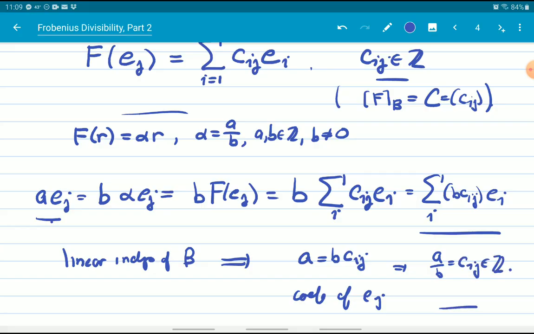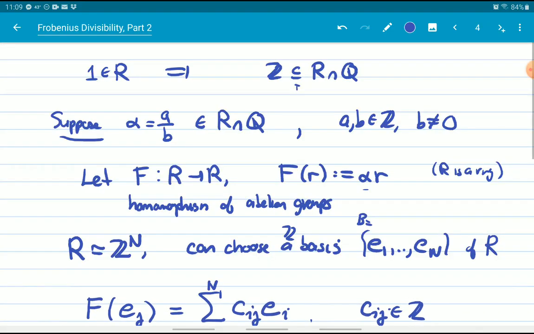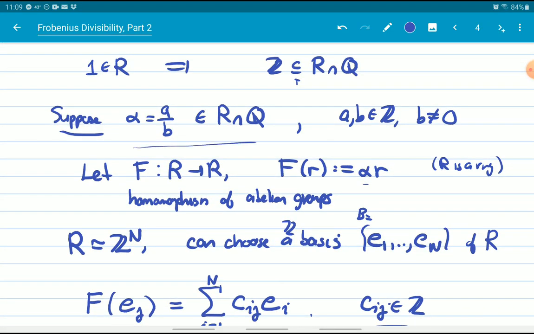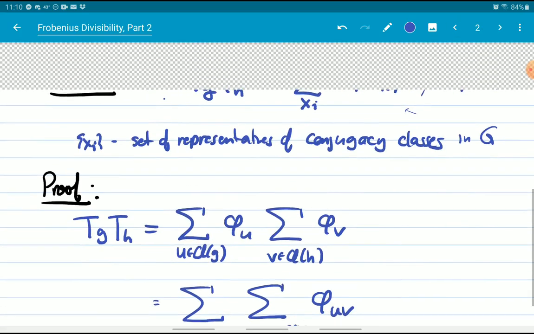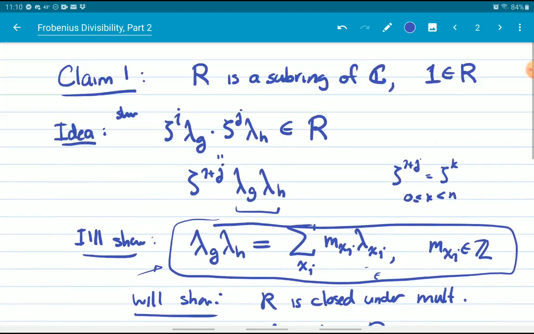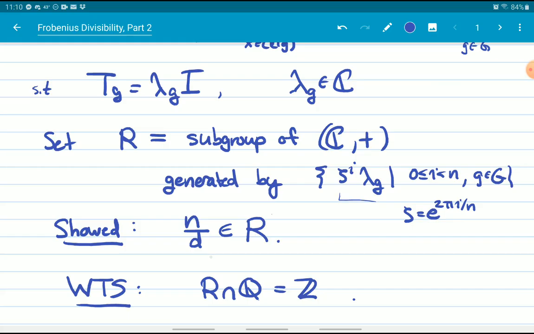I'm done. I showed that if my rational number was in R, then it's actually an integer. That's the end of the proof. I've shown that the intersection of R and the rational numbers is the integers. And therefore, this particular rational number in R is an integer. And that's Frobenius divisibility.